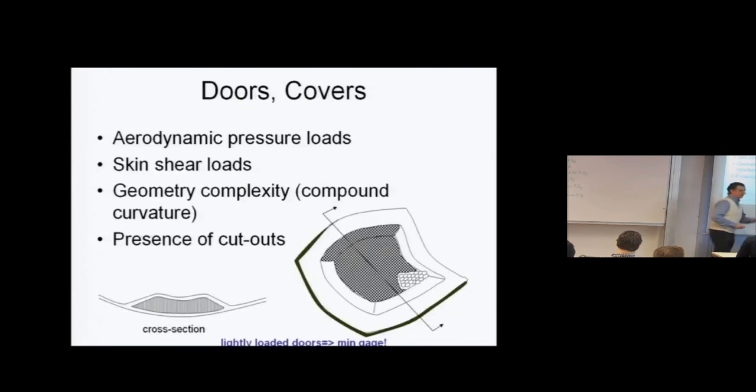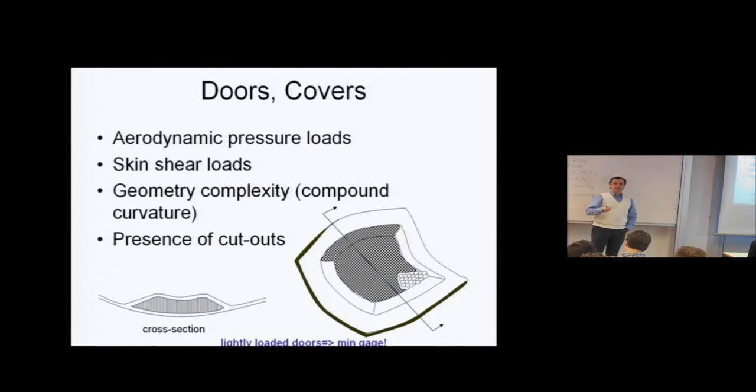Doors and covers, not much other than basically what I wanted to mention here more than anything else is the minimum gauge. If your structure is very lightly loaded, then you can get away with such low thickness that you run into other problems.